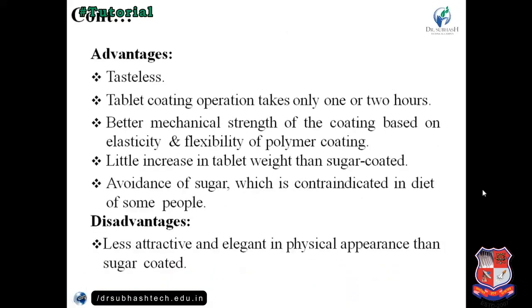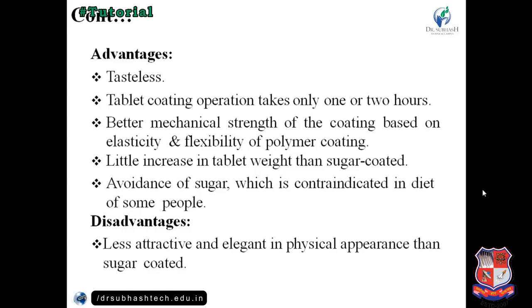Next, advantages of film coated tablets. Film coated tablets are tasteless. The tablet coating operation takes only 1 or 2 hours, so compared to sugar coated tablets it is a less time consuming process. Better mechanical strength of coating based on elasticity and flexibility of the polymer coating.